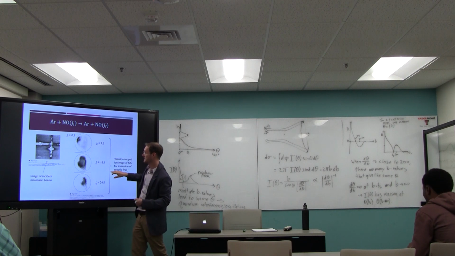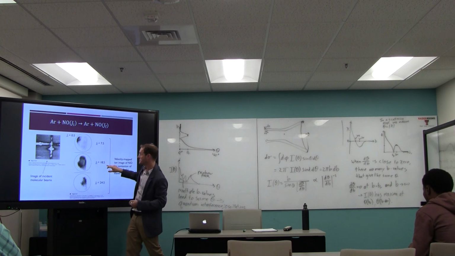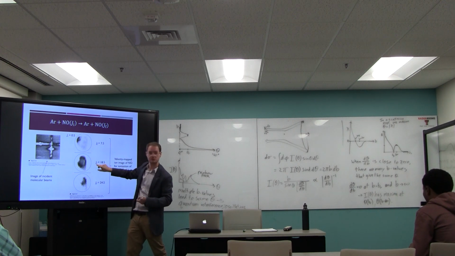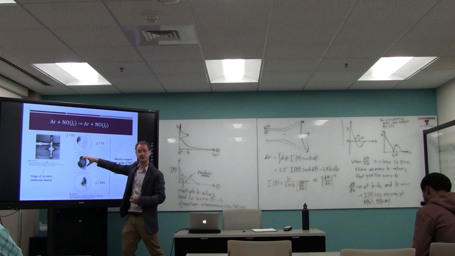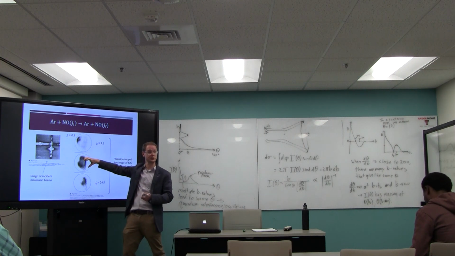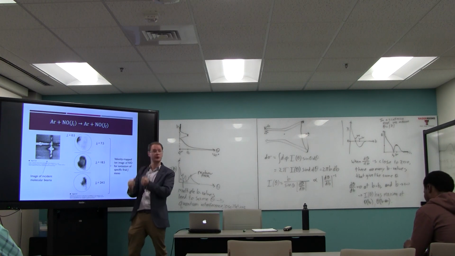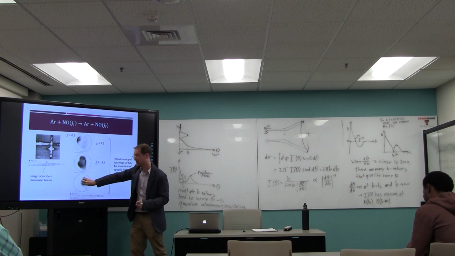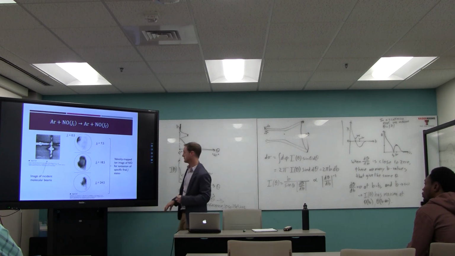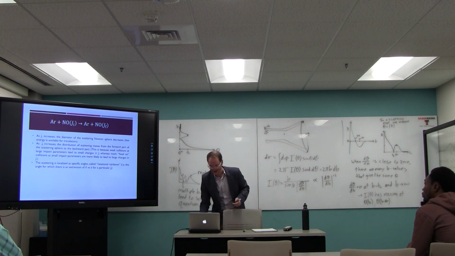If you look at higher rotational energy of the NO, you end up getting a smaller sphere, because there's less energy available to translation if you put more energy in internal degrees of freedom. At a very high J state, the scattering distribution is very highly concentrated.